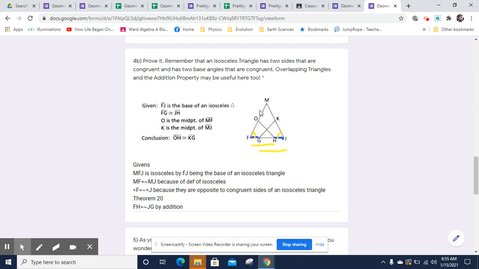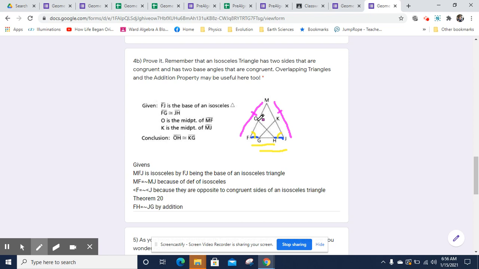Okay, now because this is an isosceles triangle, we've already said that MF and MJ are congruent. So I should actually label that too. So this is congruent to this, because we already know that because of isosceles triangle.